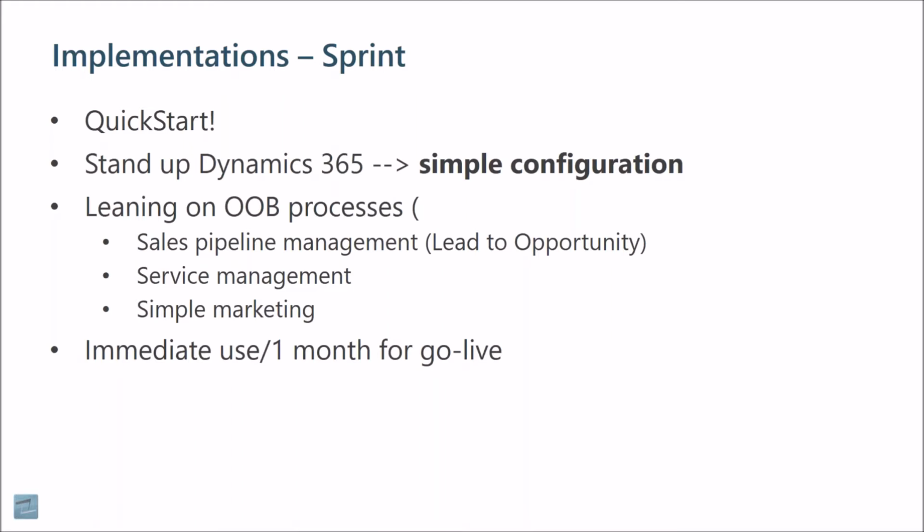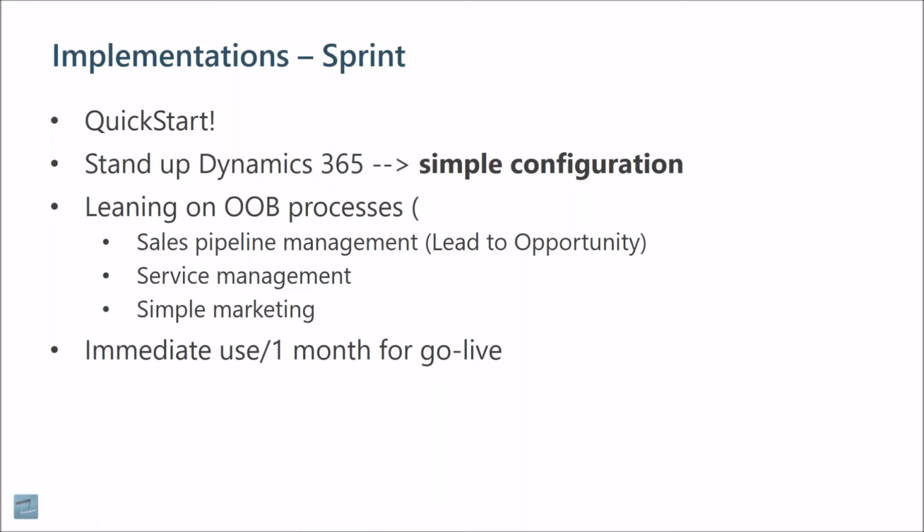It trims traditional implementation methods to get a pretty core base in place for you for Dynamics 365. So you're looking at standing it up with really simple configuration. We do offer that. It's a cheaper model. So when we're talking about pretty lean budgets, maybe lean teams, Quick Start is an awesome option for the customers that we work with, and it's been successful.